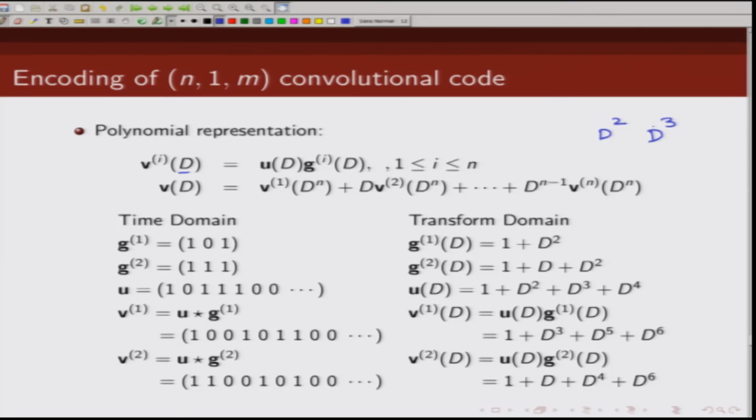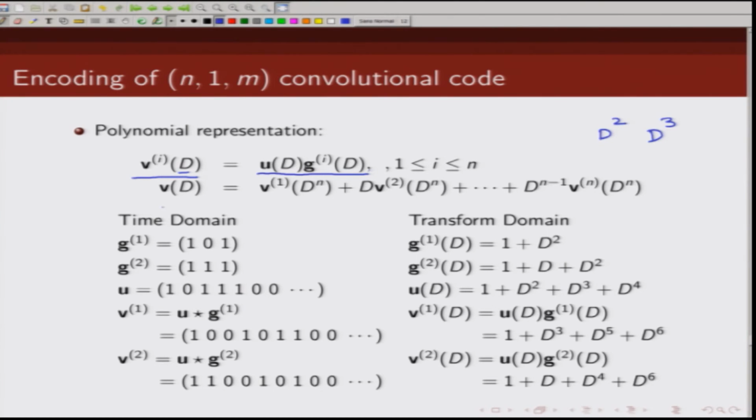Okay. So, what I am going to show you is that I can write my output sequence in this polynomial notation as U of D times Gi of D. So, every output code sequence can be represented as the product of this information sequence using this delay operator multiplied by this generator sequence in this delay operator framework.